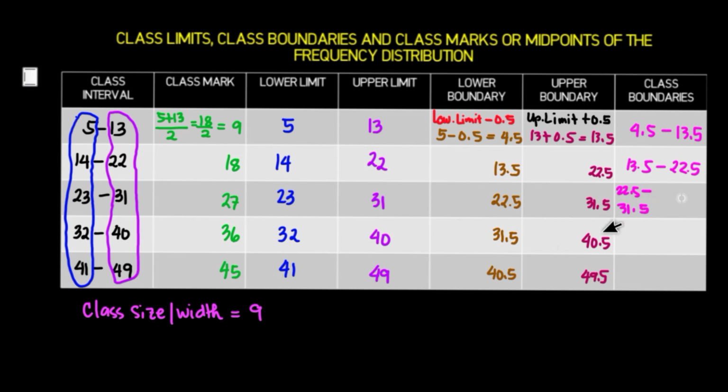And then 31.5 up to 40.5. And then 40.5 up to 49.5. So, ayan po yung frequency distribution table natin na merong class limits, class mark, and class boundaries.